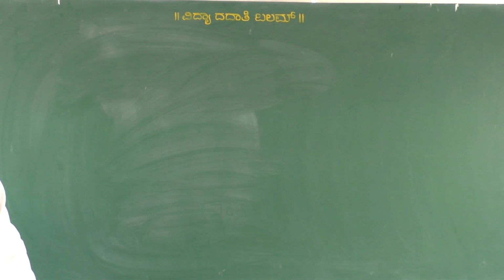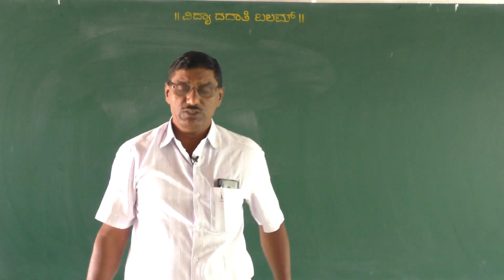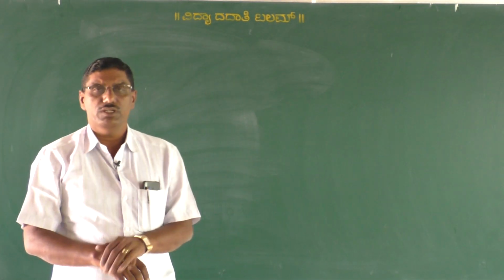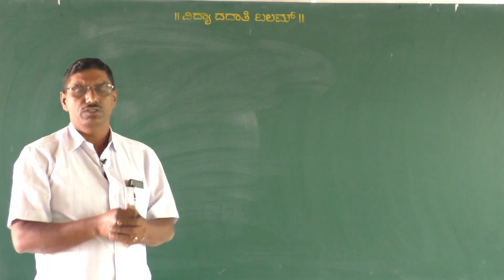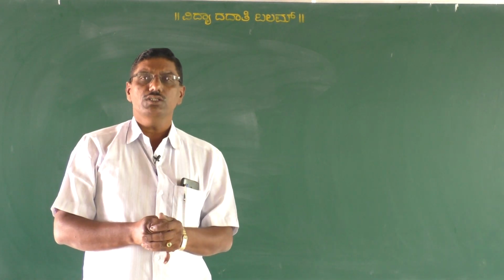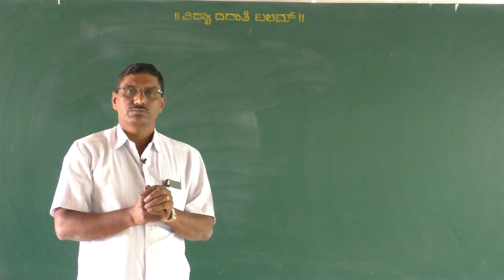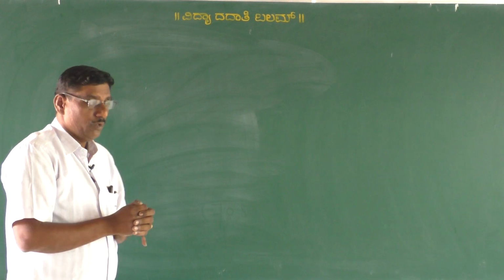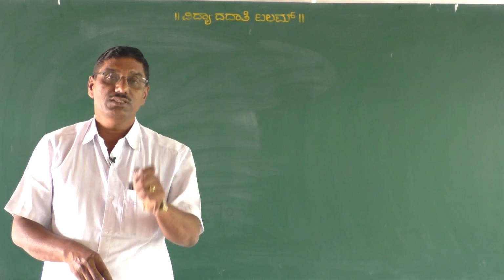My dear students, we already learned different operations on the number system, isn't it? We know the basic operations: addition, subtraction, multiplication, division. In the same way, here also we can operate on two sets by using some special operations.